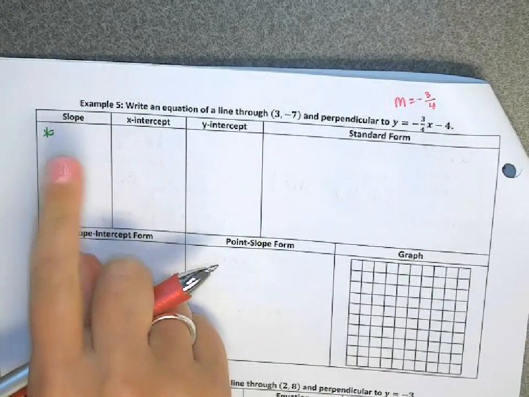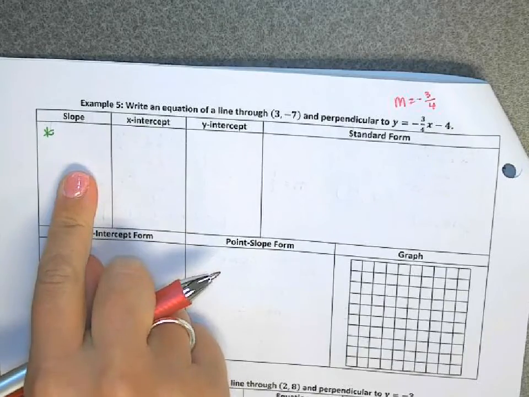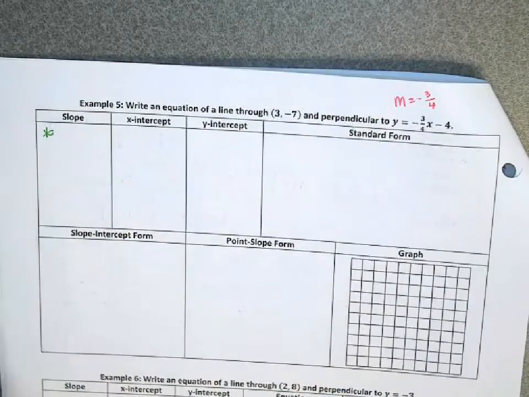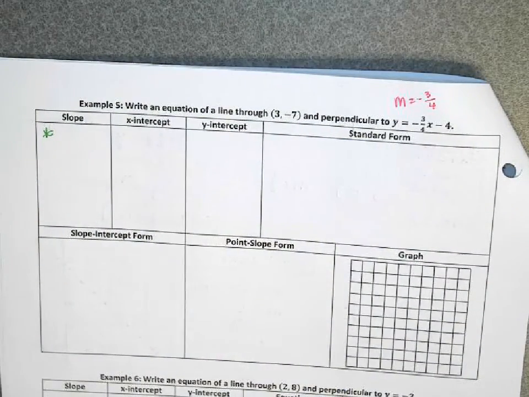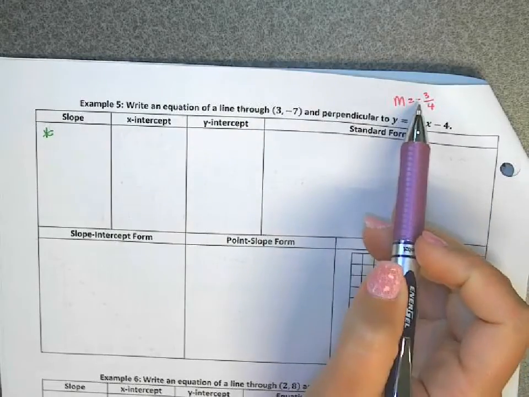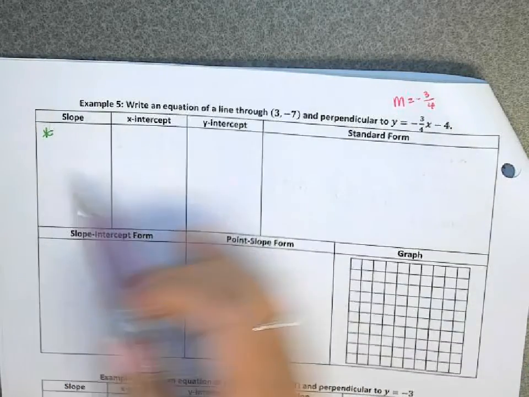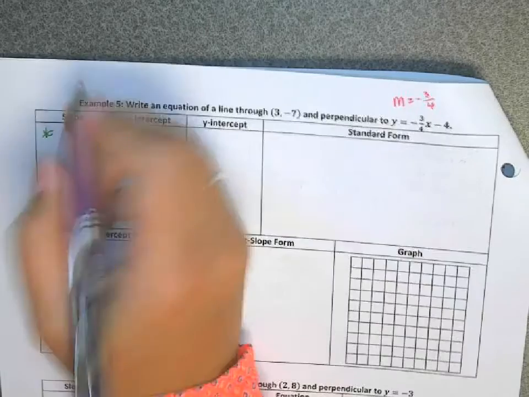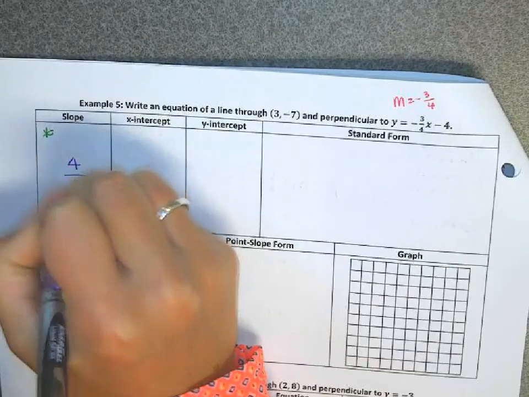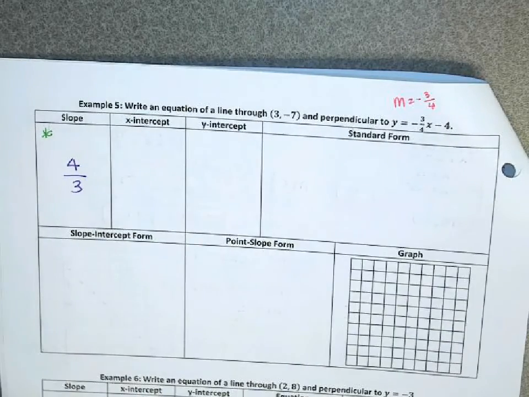So what does my slope have to be if it's perpendicular to -3/4? Opposite and reciprocal. So if this one was negative, we're going to make our slope positive. If this is 3/4, we're going to make our slope 4/3. So positive 4/3.